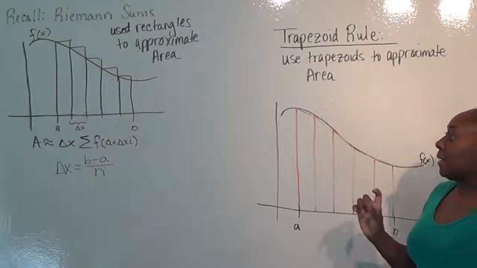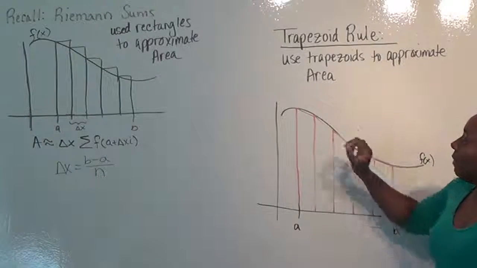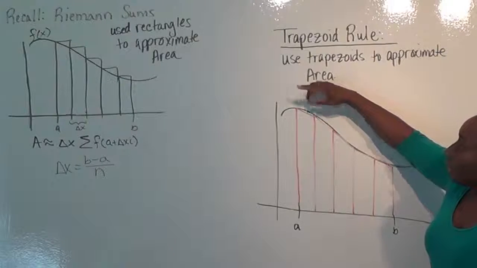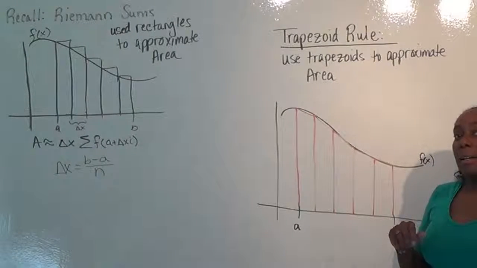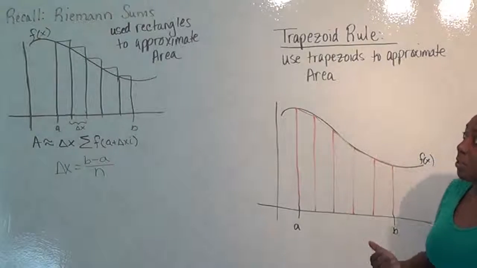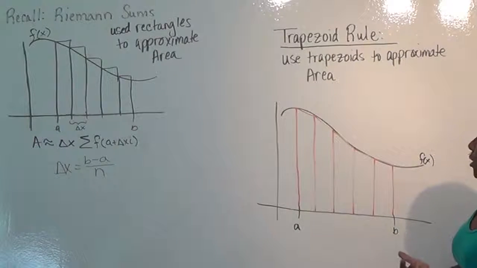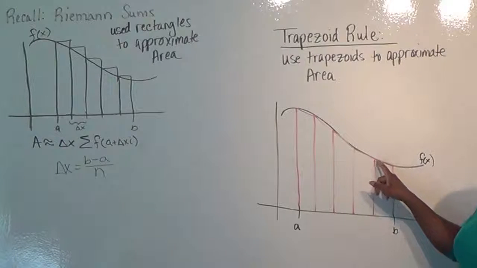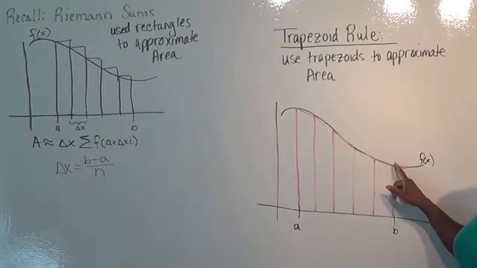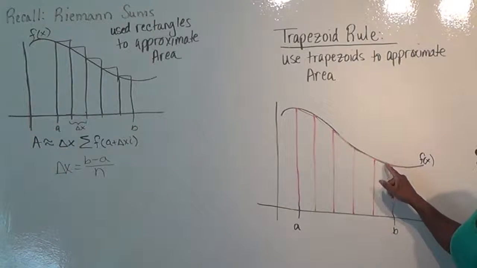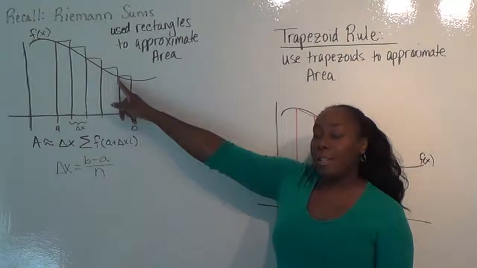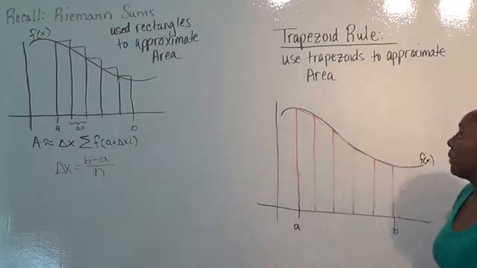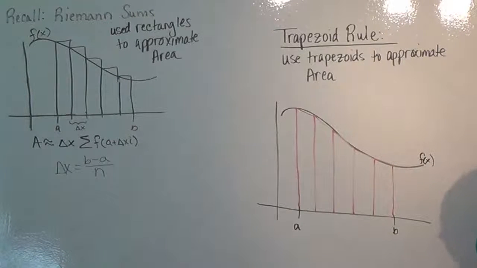And the idea behind using the trapezoids is, if I look at the difference between the rectangles and the trapezoids, I can see less of the area under the curve is missed or added at each step. So even here it looks like I've got a slight over approximation for this piece of the curve, but the difference between the curve and the approximation is much less than what we see with the rectangles. Okay, so this is going to give us something slightly better than what we had before.